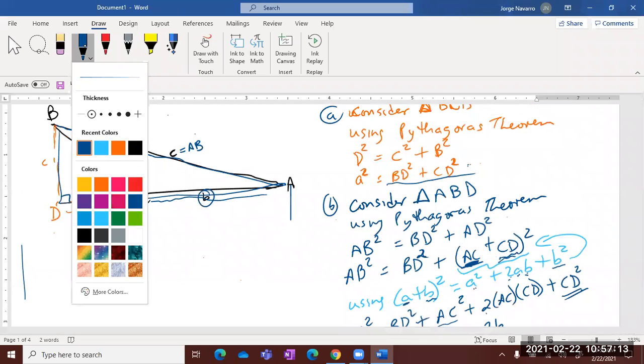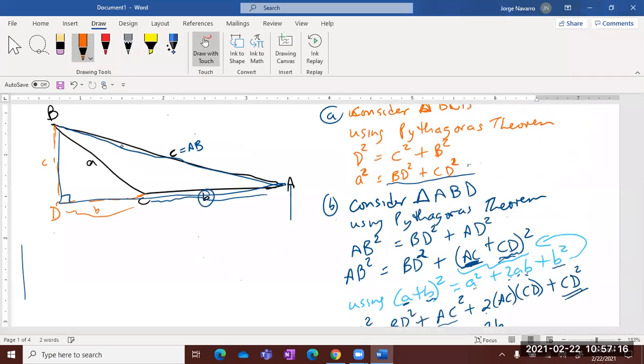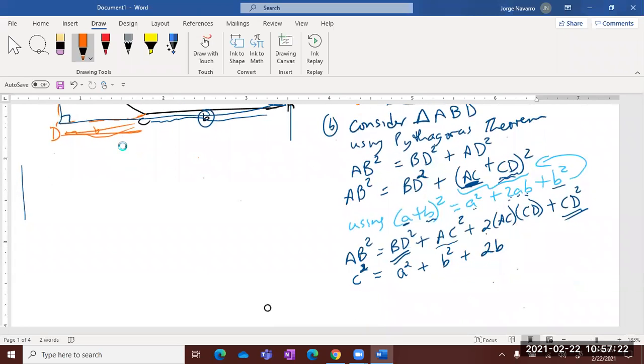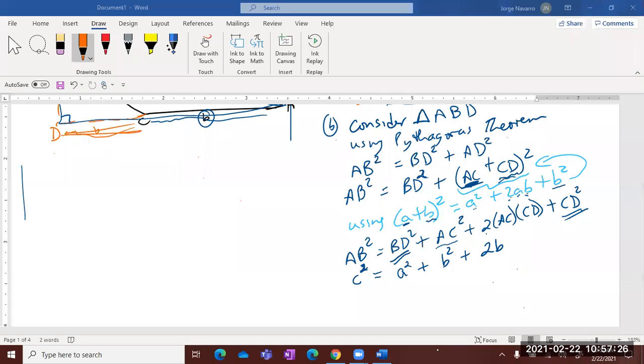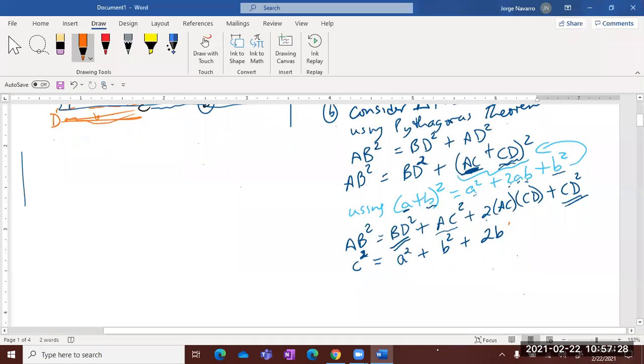It's the orange piece. CD is the orange piece right here. So I don't know what to do with that yet. So let me just bring it down and place it as just CD.